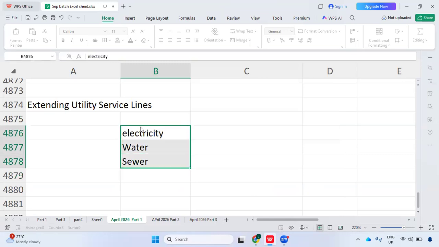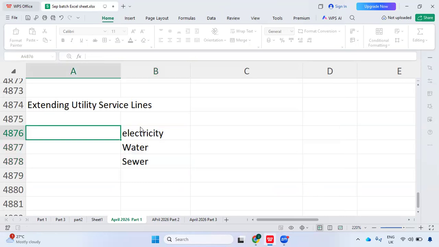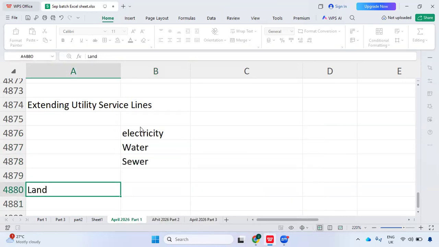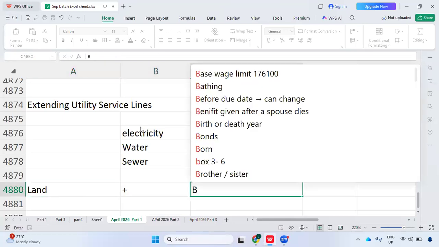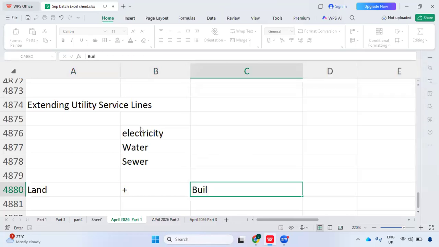So there is a property, a land, and there is no building, which is kind of vacant land. The taxpayer made some improvements, some constructions, and built a building there.